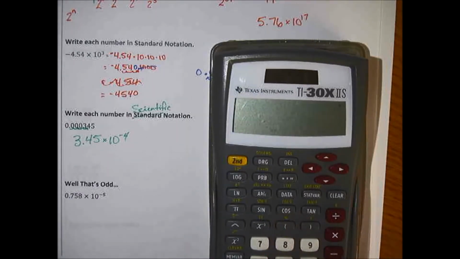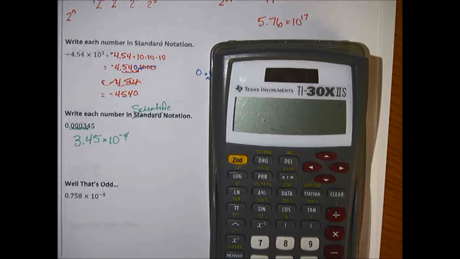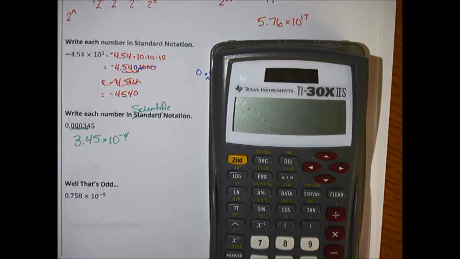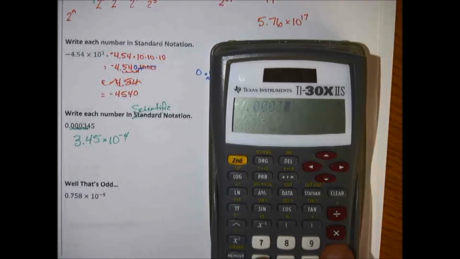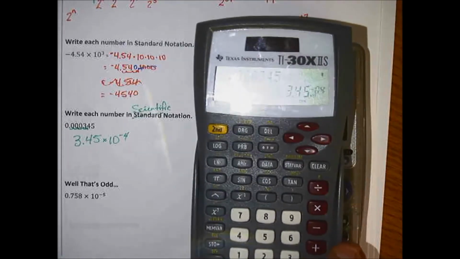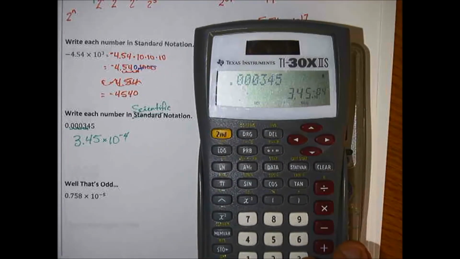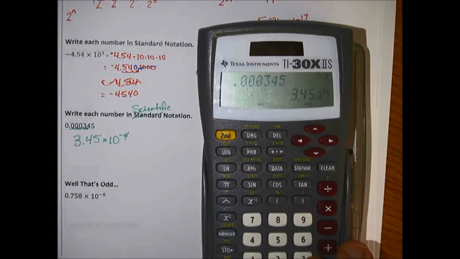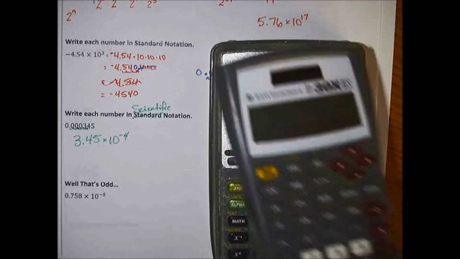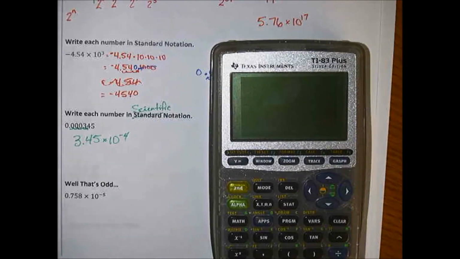Now if I just type in those numbers, let's try this one over here: 0.000345. If I hit enter, it rewrites it as 3.45 times 10 to the negative 4. I'm going to be using a calculator today to make my life pretty easy, but I will show you why it works as well.